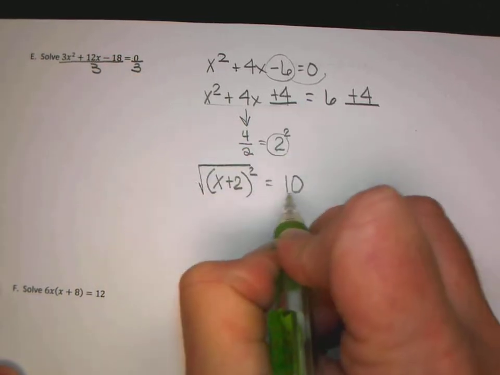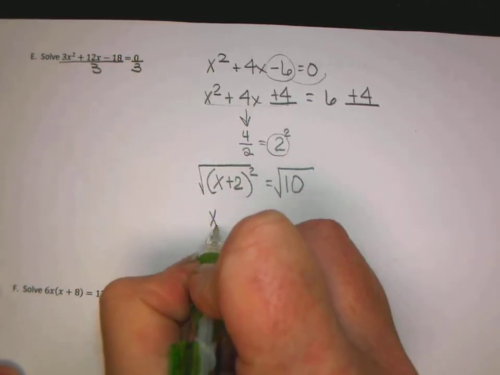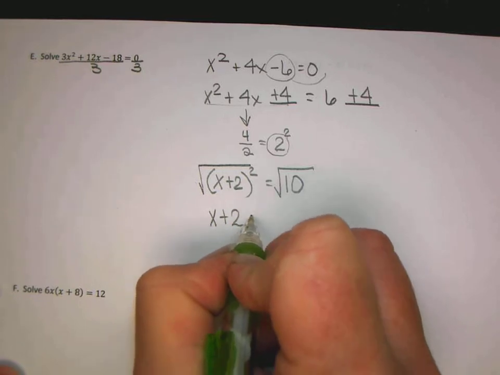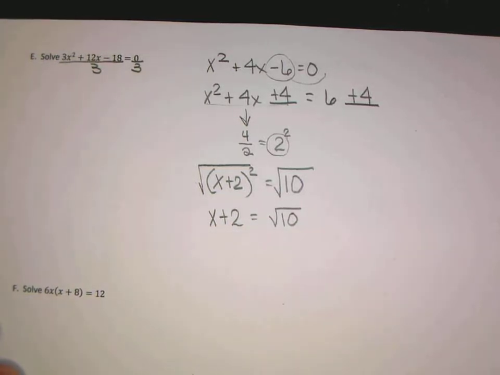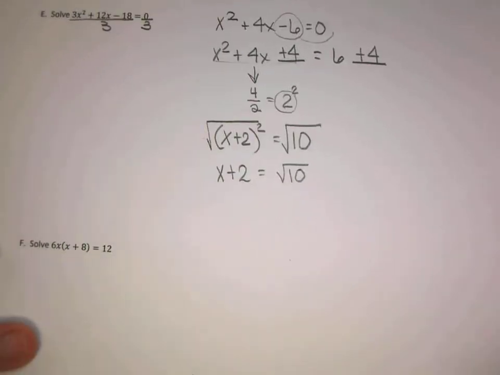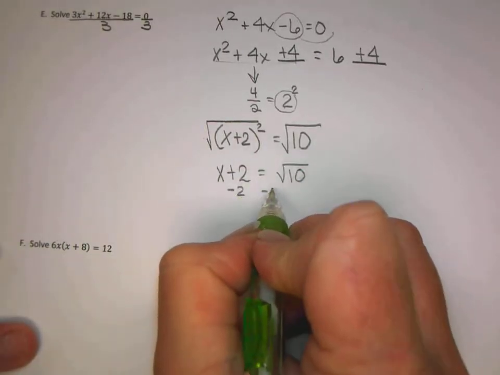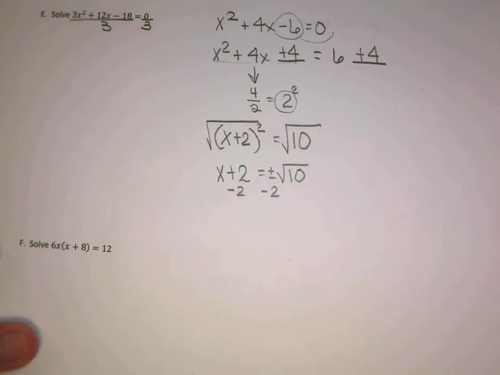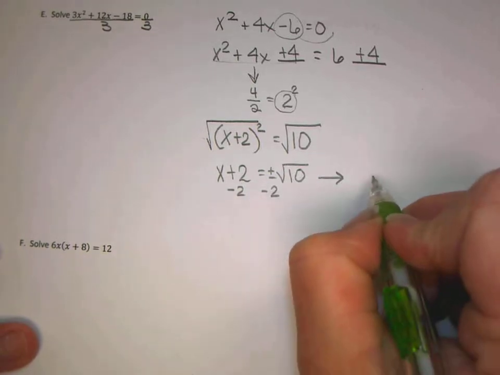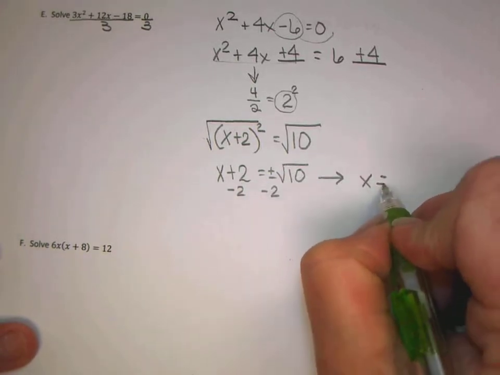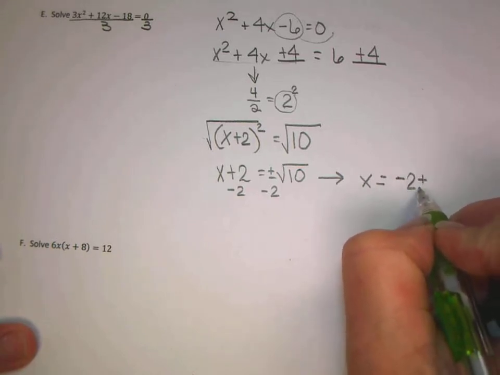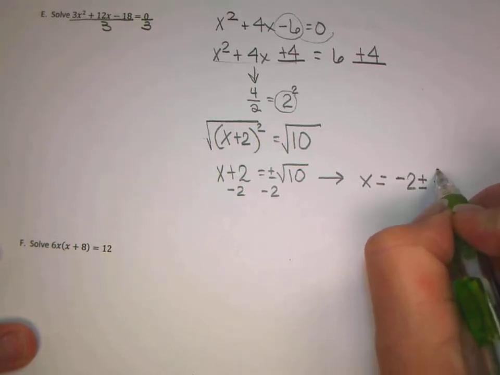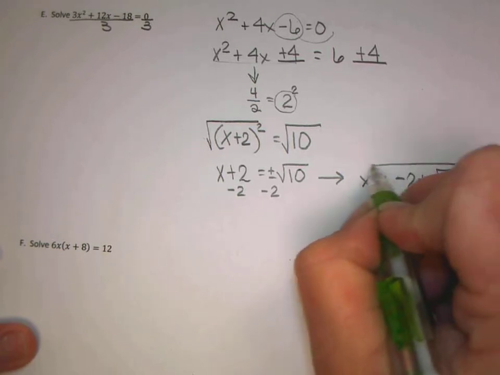Square root both sides. x plus 2 equals the square root of 10. The square root of 10 is basically 2 times 5, so it will not simplify. So you're just going to subtract 2 from both sides. Remember, there's a plus or minus here in the front. So the final solution is going to be x equals negative 2 plus or minus the square root of 10. And that's going to be your final answer.